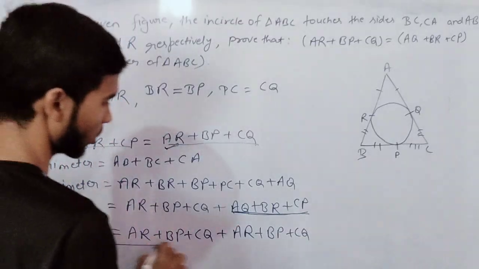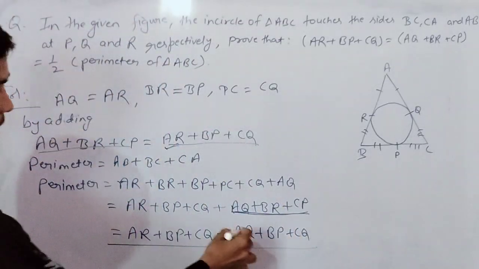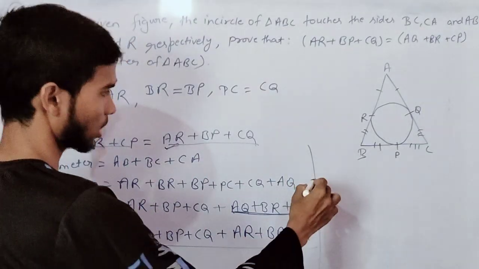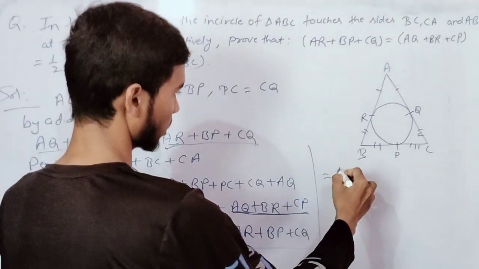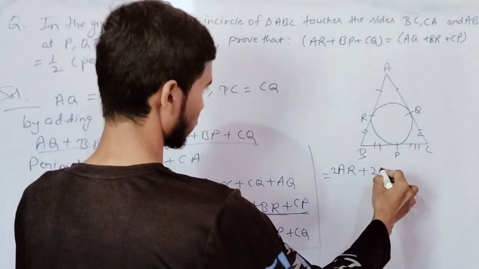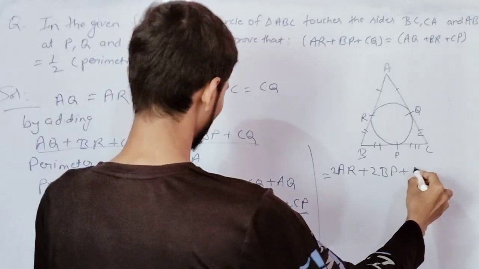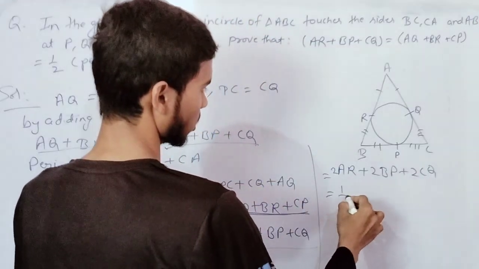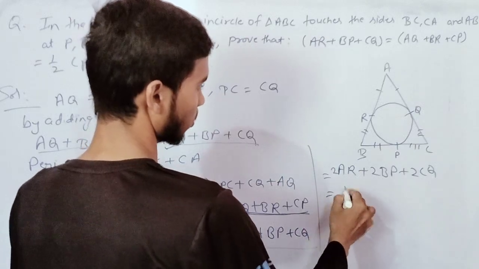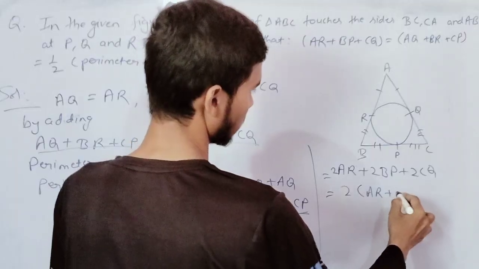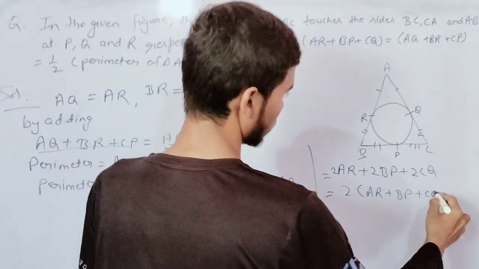Now here you can see AR is 2 times, BP is 2 times, CQ is 2 times. So finally you can write 2AR plus 2BP plus 2CQ. 2 is common, of course. 2 times AR plus BP plus CQ.